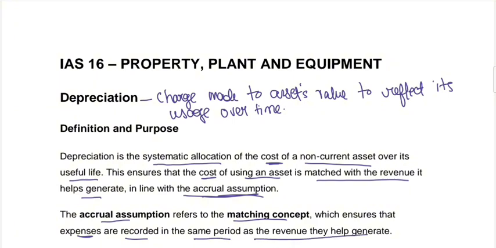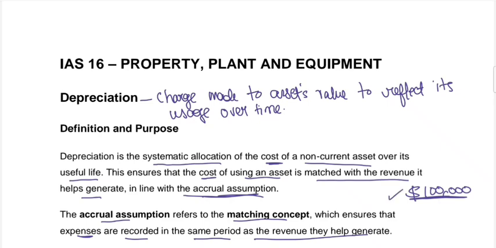For example, if an entity buys an asset that is worth $100,000, it would absolutely not be sensible to make this 100,000 sit in the profit or loss as an expense in that particular period.